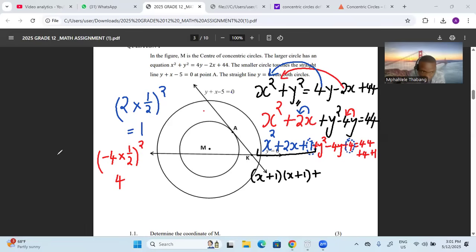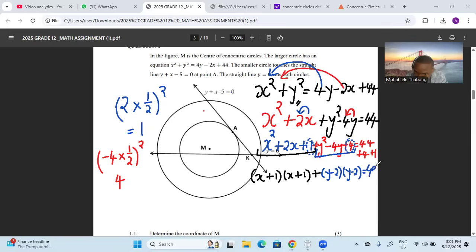This one also is a quadratic expression which can be factorized. How so? You can say y minus 2, y minus 2, equals to, on the right-hand side now, 44 plus 4 plus 1, which is 49.